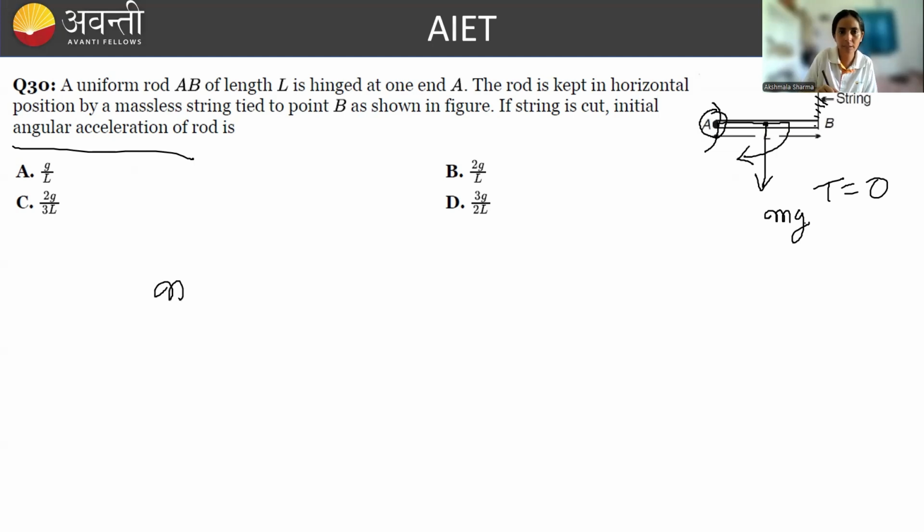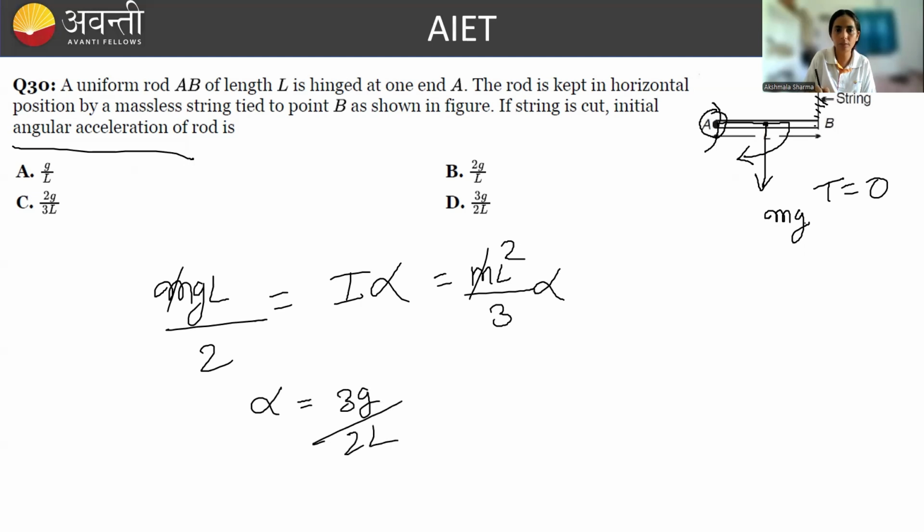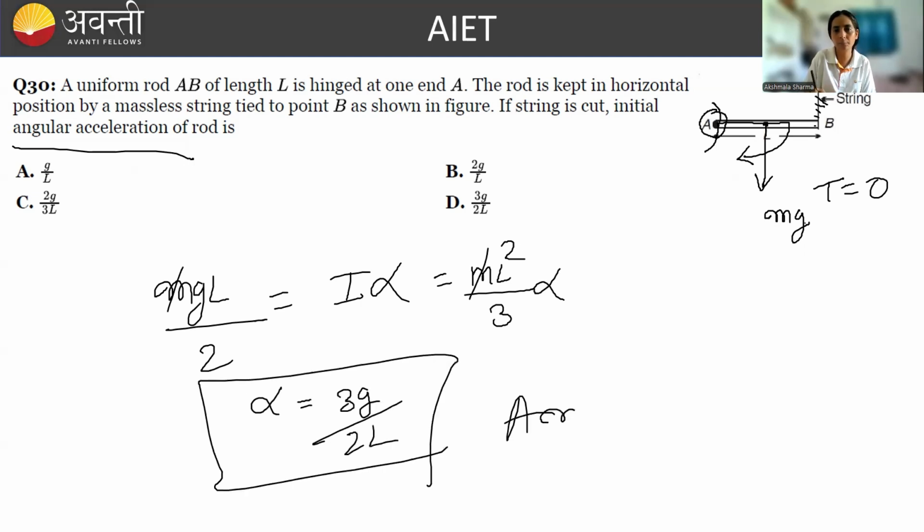So this is mgl by 2, and this will be equal to torque is equal to I alpha. And since this is a rod rotating around its one end, its moment of inertia will be equal to ml square by 3. So m will get cancelled, one l will get cancelled, and alpha will become equal to 3g by 2l. So this is going to be the answer. So the correct option will be D.